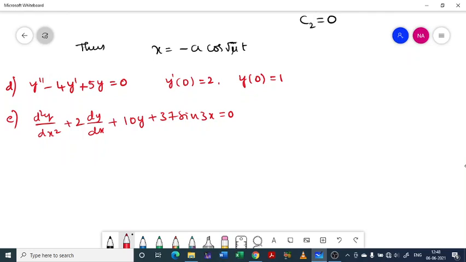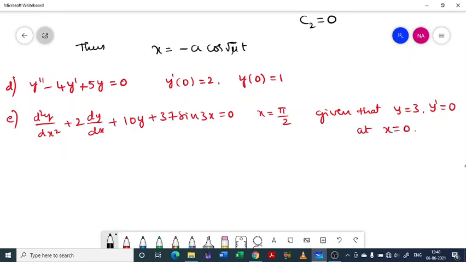Find the value of y at x equal to pi by 2 given that y equal to 3 and y dash equal to 0 at x equal to 0.